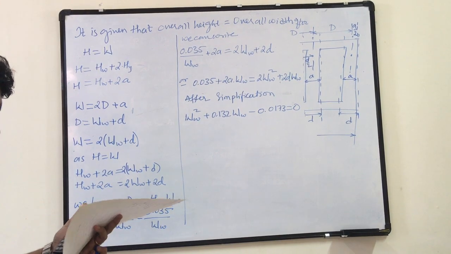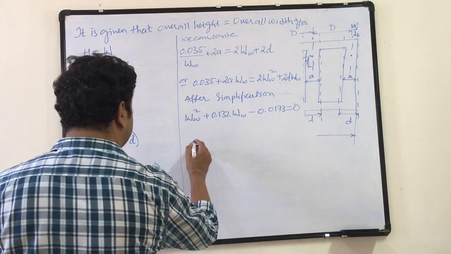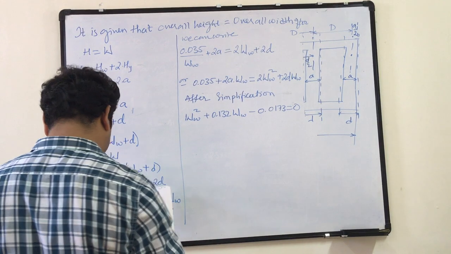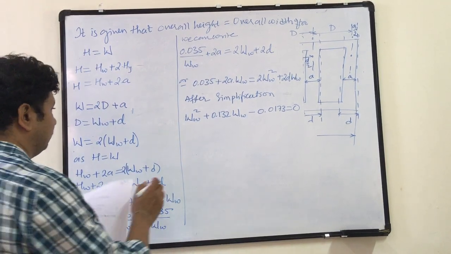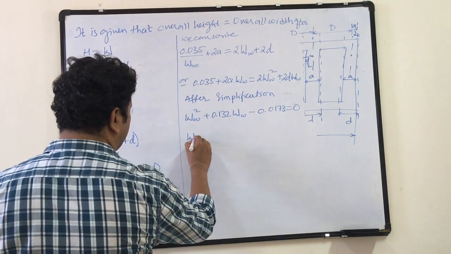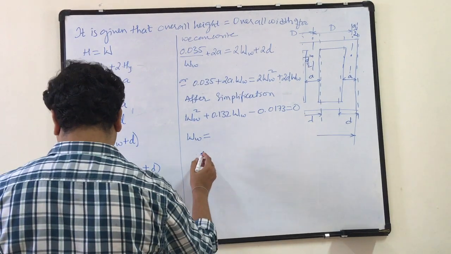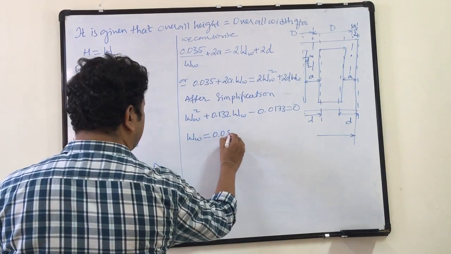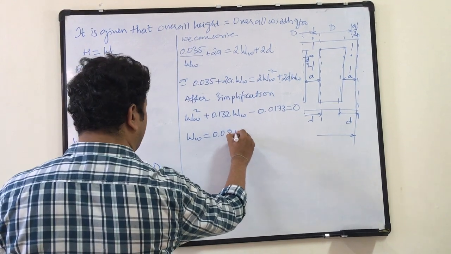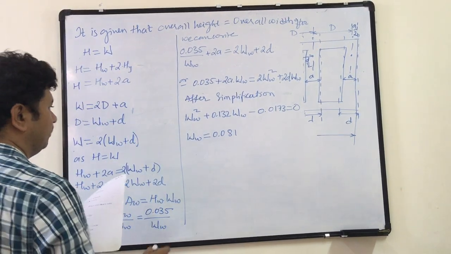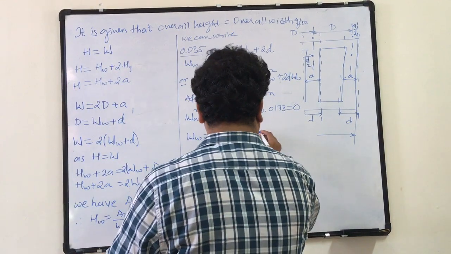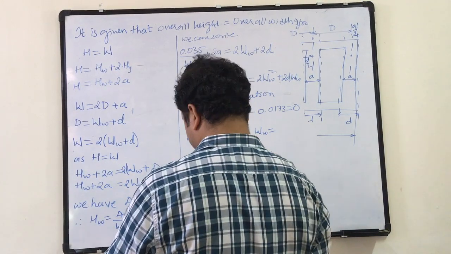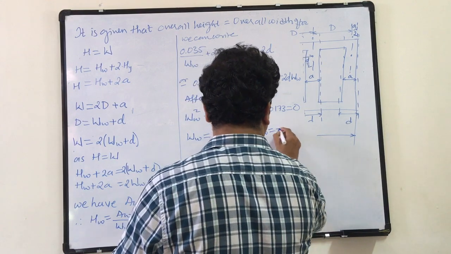So I get two values for width of window. Width of window is equal to 0.081, okay, and width of window is equal to minus 0.213.